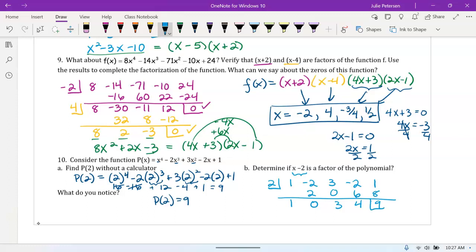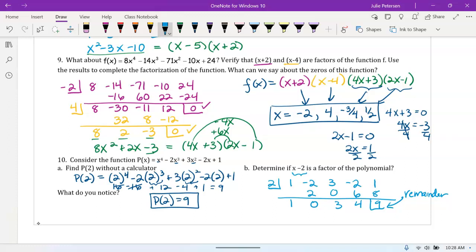When you look at this, there's a reason why we chose these problems. It says, what do you notice about this? When I look at my first one, p of 2 equaled 9. And when I look at my remainder on this one, my remainder is 9. So we can say that synthetic division helps us quickly plug a number in.